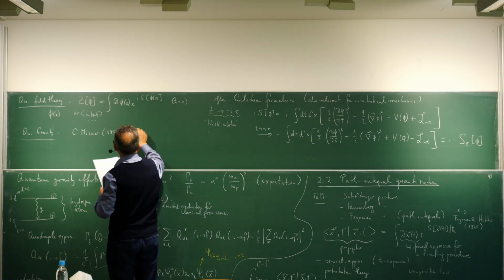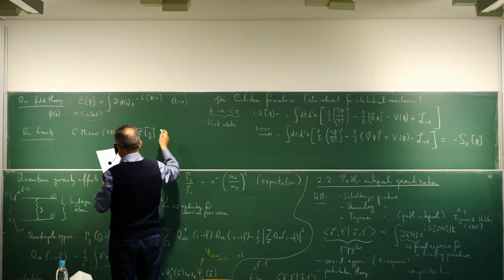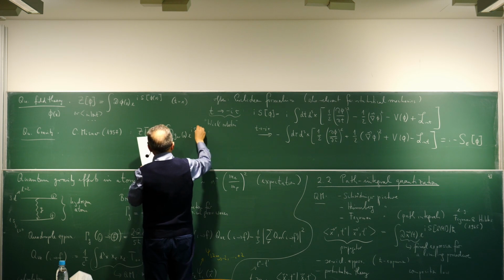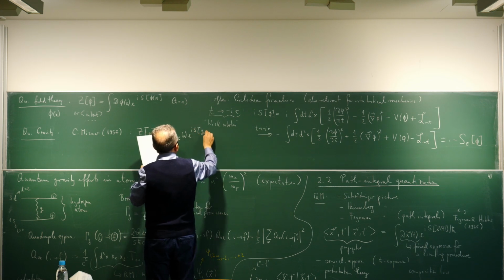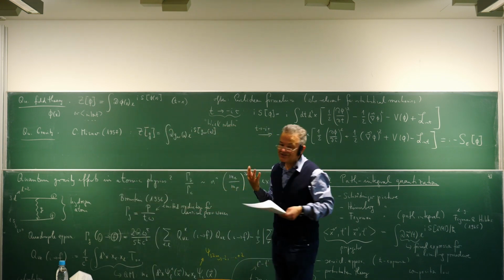You can of course just generalize this to a formal expression Z of G, which is the integral of d g mu nu of x e to the i S of g mu nu of x. Now you sum over all metrics.